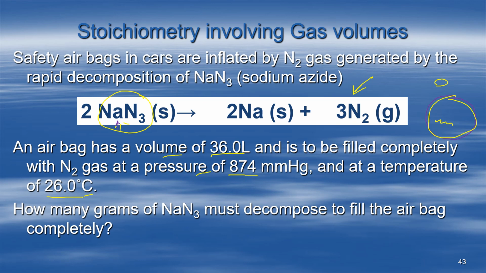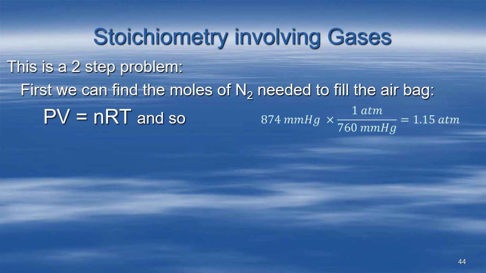All right, so PV equals nRT, and we know how many moles of nitrogen are needed to fill the airbag. Since we're using PV equals nRT, pressure has to be in atmospheres and volume should be in liters. Well, they told us the airbag was in liters, 36 liters.